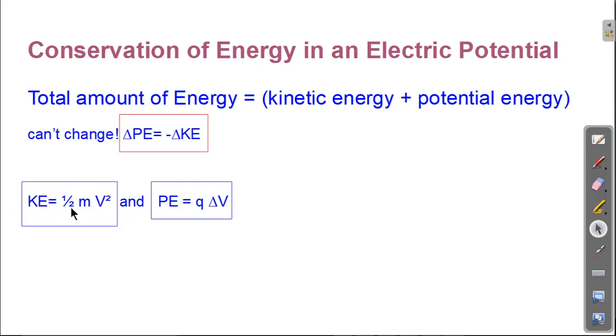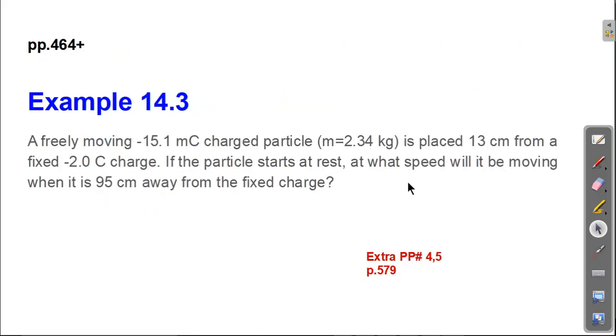Kinetic energy is 1/2 the mass of our particle multiplied by the velocity squared. This is not electrical potential, this is the velocity of our particle. And we're still using the same equation we used before for potential energy: our movable charge times the change in electrical potential, due to the fact that you're changing position within the electric field. Okay, let's see how this works.